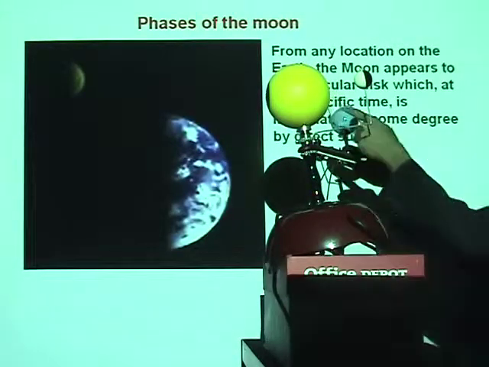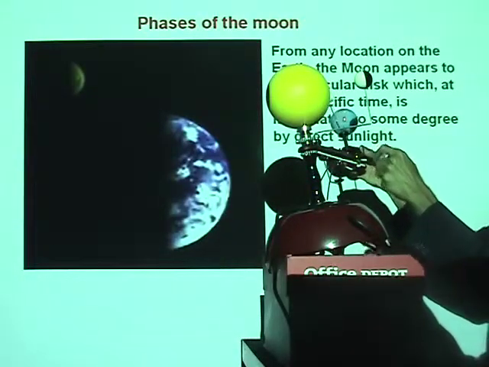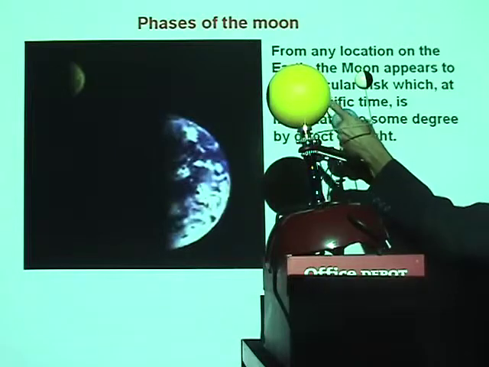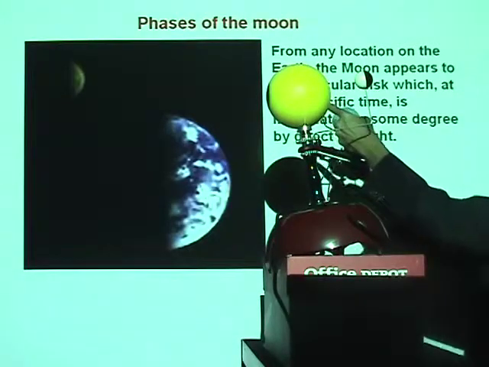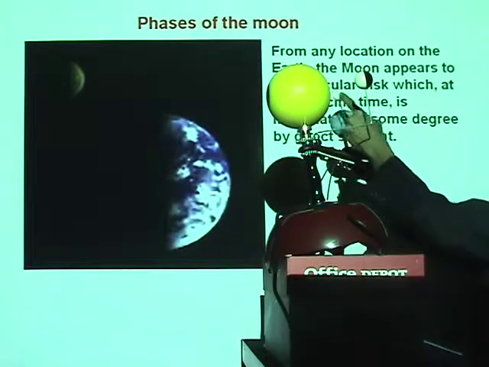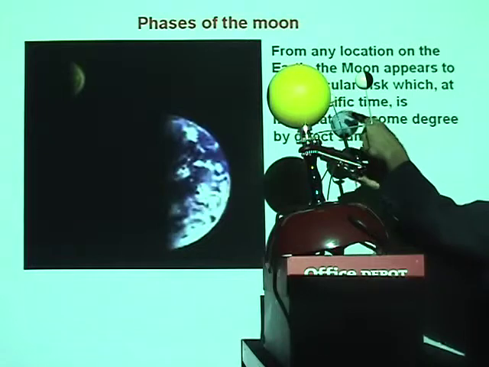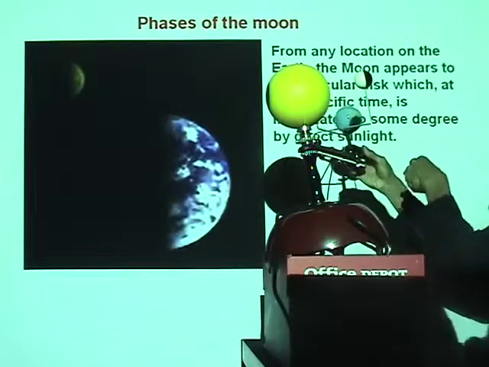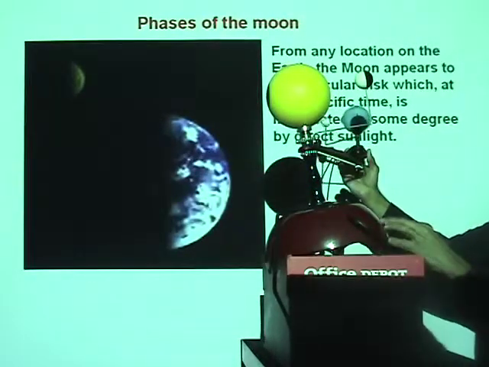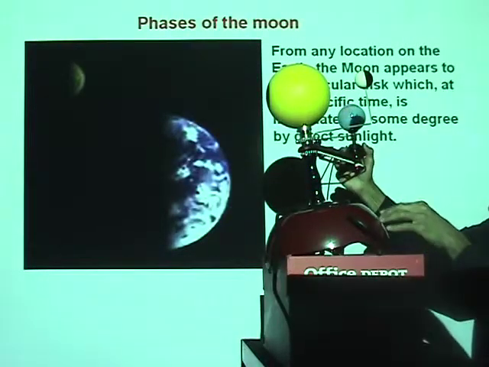Now, when the moon is here at this point, actually the sun is blocking it. So all the light now falling on the moon is on this side. That means the poor people on the surface of the Earth will not see the moon. That's the new moon.